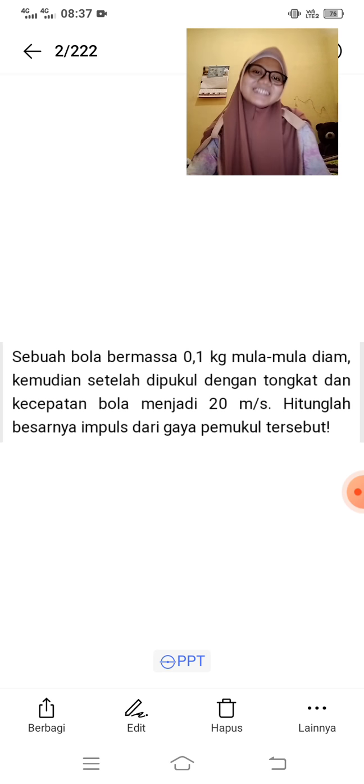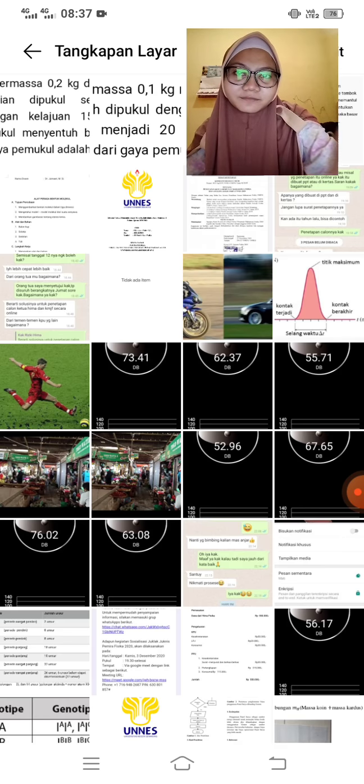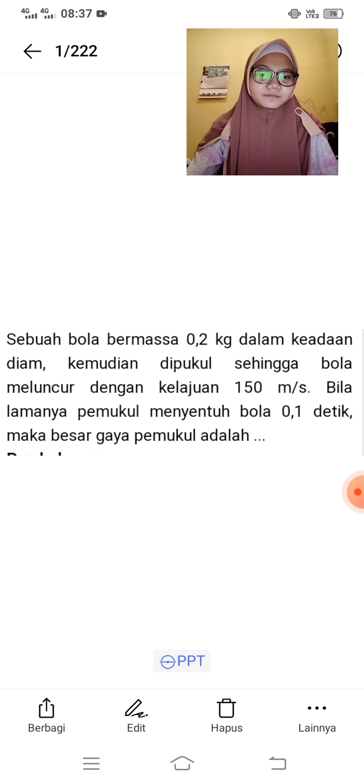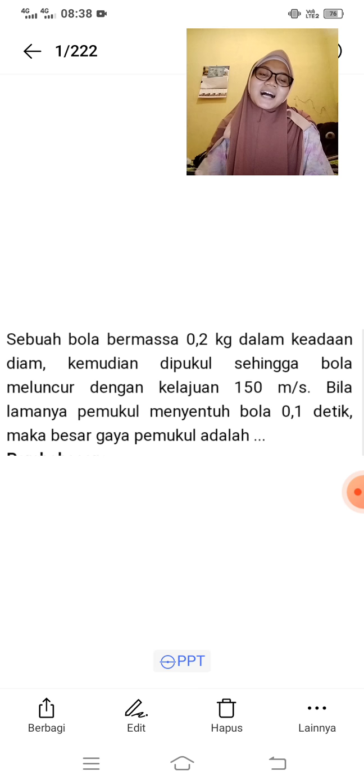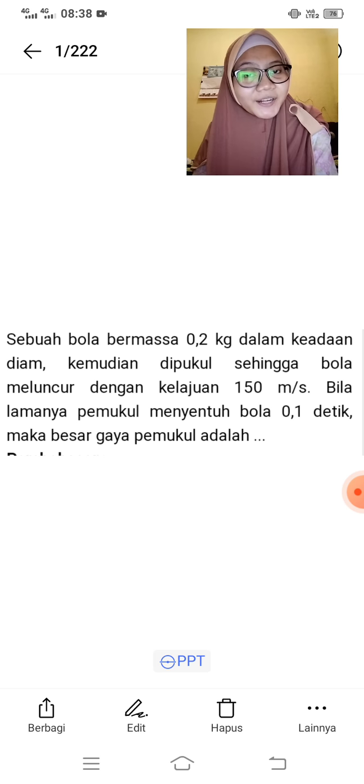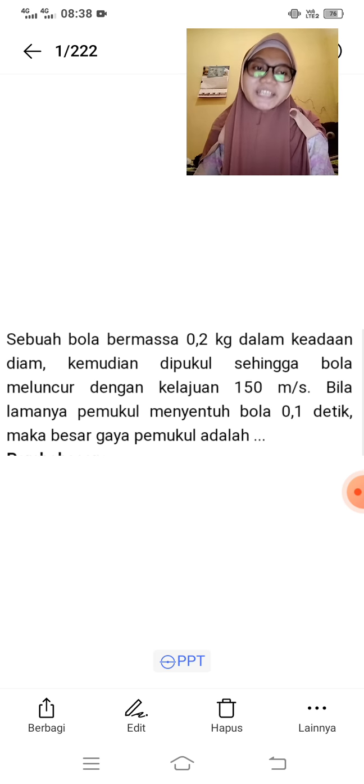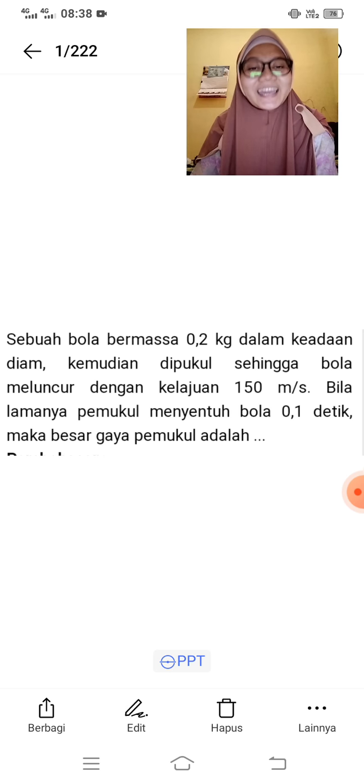The last, number 4. Okay. A ball with mass of 0.2 kilogram is at rest.